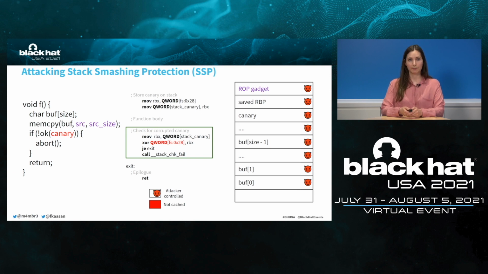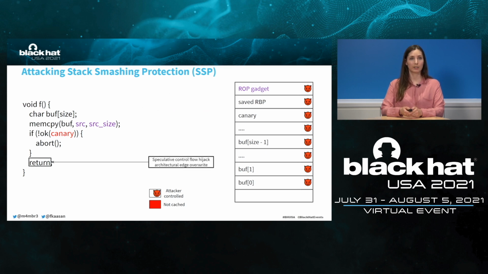The next attack prerequisite is a reliable read primitive constructed from ROP gadgets that are present in the victim memory space. Even if SSP is supposed to protect against the function ever reaching the return with a corrupted stack, at speculative return, the control flow reaches the attacker-crafted ROP chain.